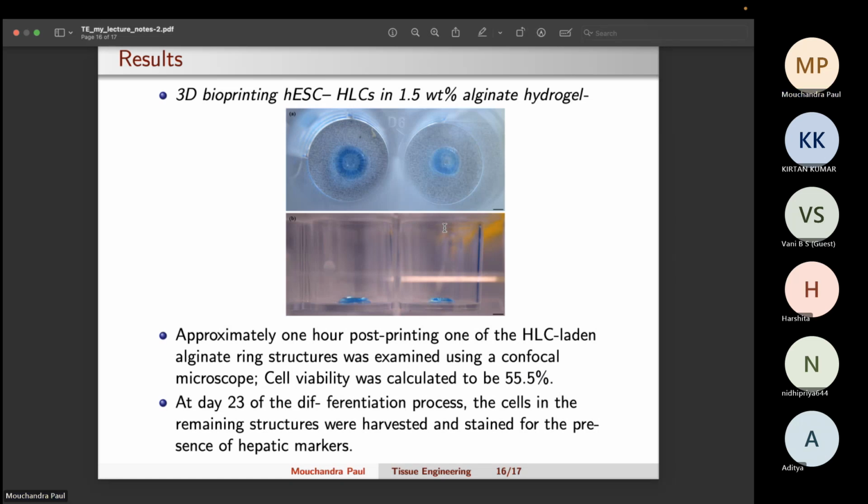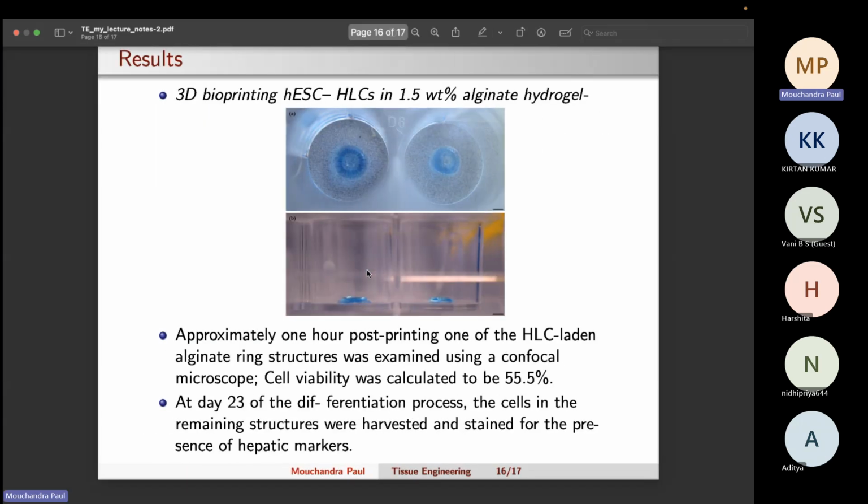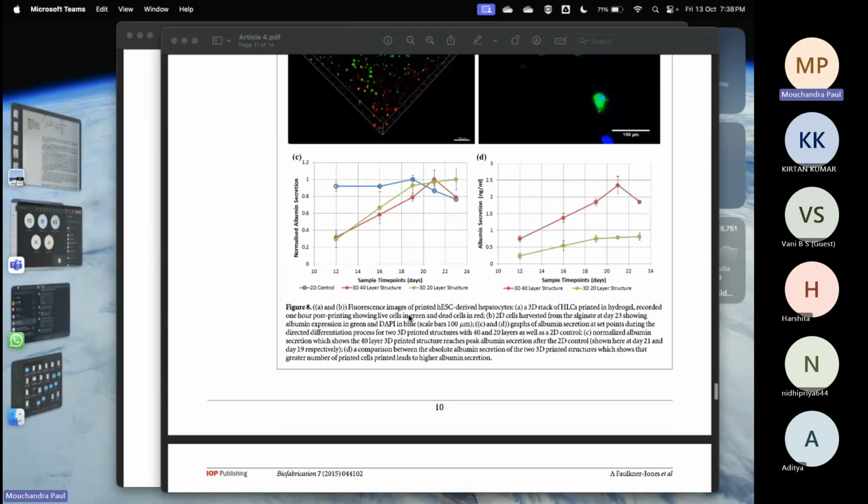And then they saw whether the differentiation process had completed or not by checking the presence of some hepatic markers. So this is the graph that shows how much albumin is secreted by these kind of structures. I have skipped showing you one graph.